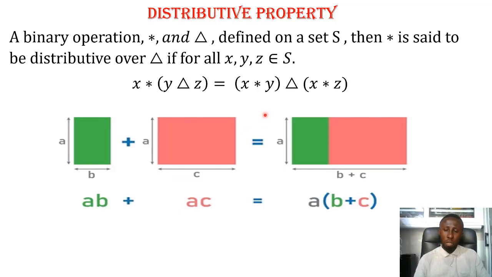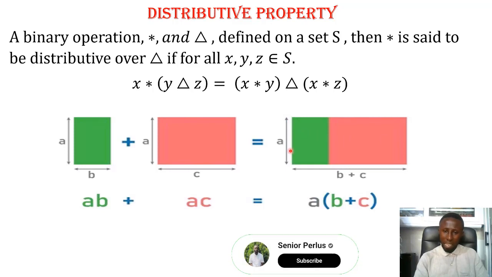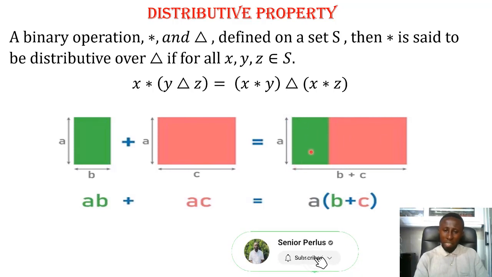Now, if we put the cut out papers together, my A is here, the green part is B and this one is C. I want to find the area of both of them. It's A times (B plus C).